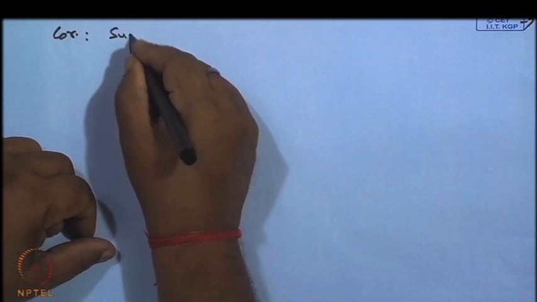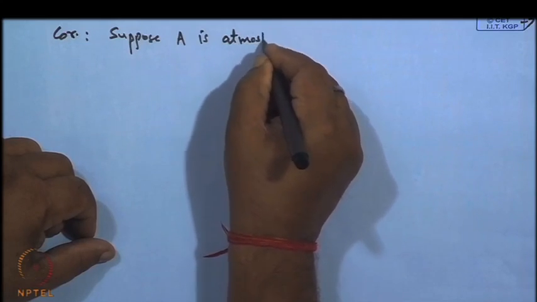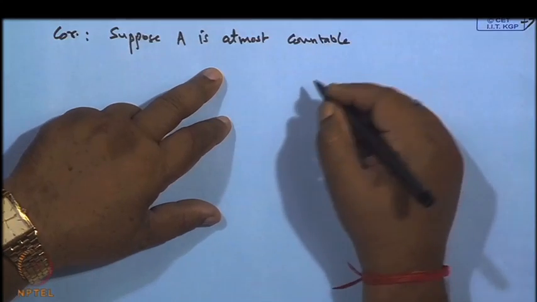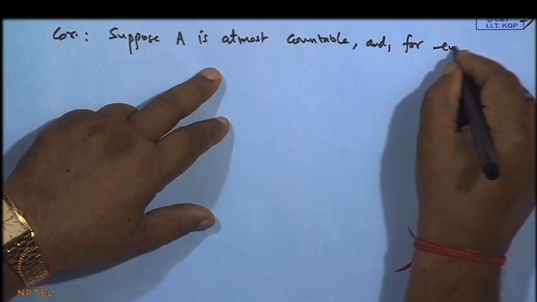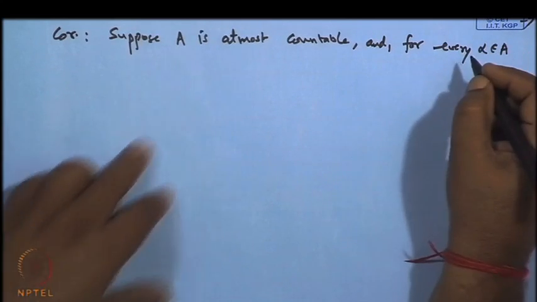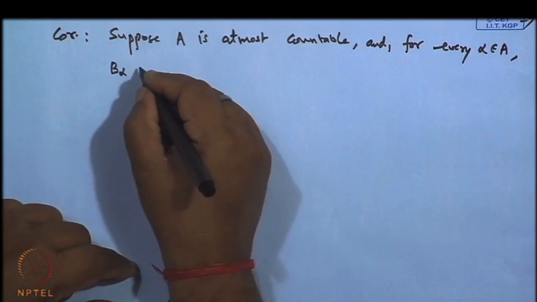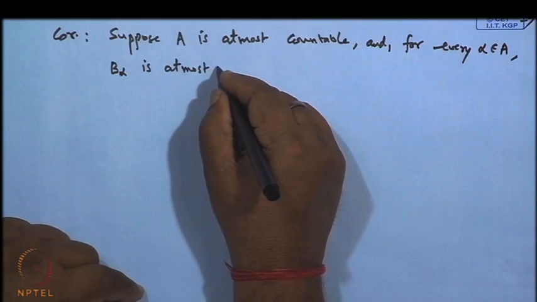Same results we can generalize. So, as a corollary we can say, suppose A is at most countable, and for every alpha belonging to A, B_alpha is at most countable, which is a subset of omega.